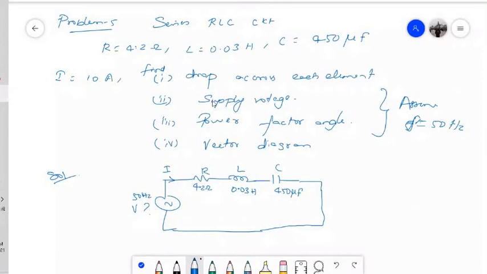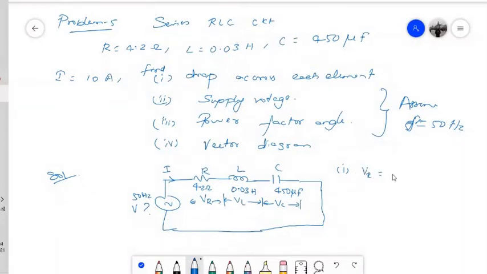Now we'll start answering these questions one by one. So first of all, let's try to find the drop. What will be the drop across R? Let's say the drop across this be VR, and let this be VL, and let this be VC.